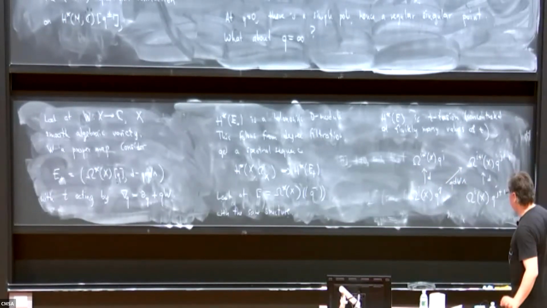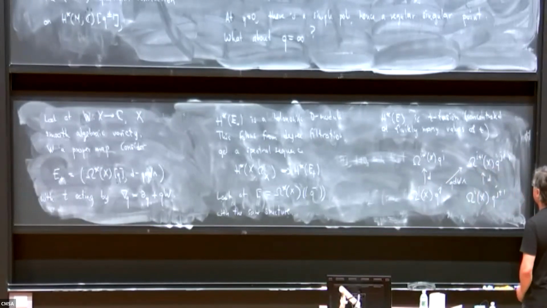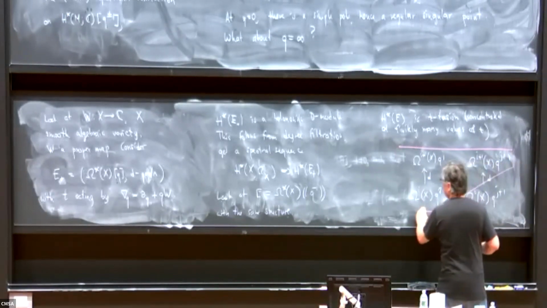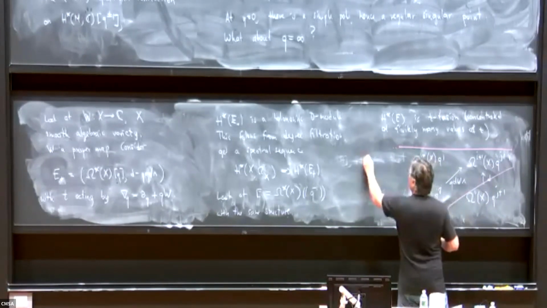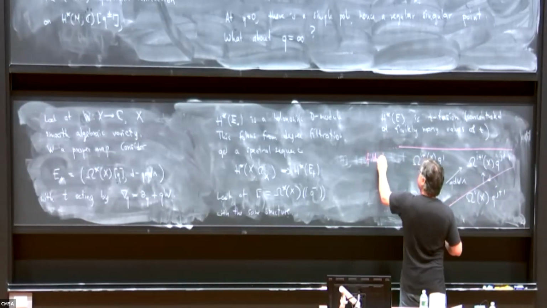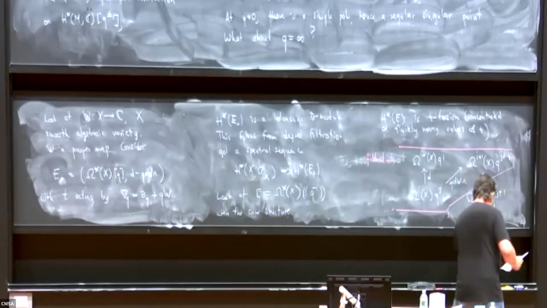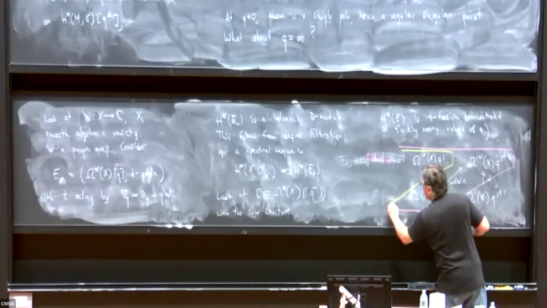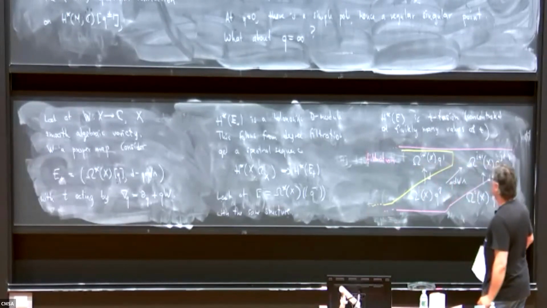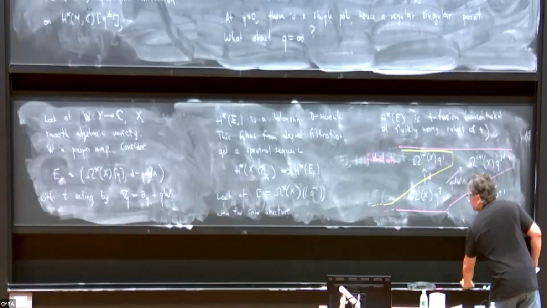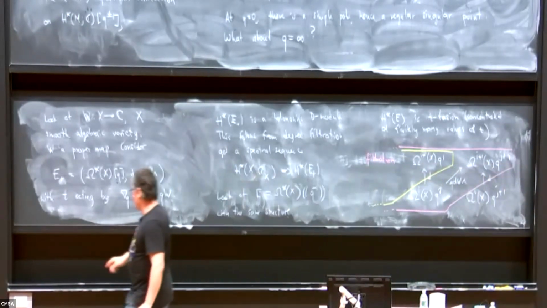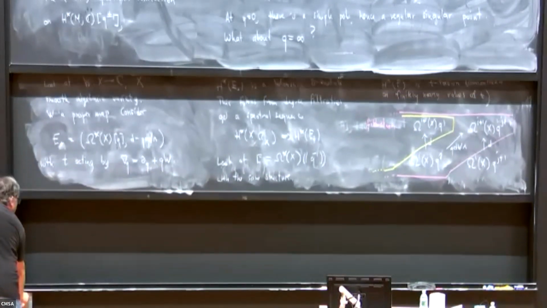So the consequence of this is that there is a decreasing filtration, not by degrees this time, but this would be one stage of the filtration. And the next lower stage would be this one here. So this is a complete decreasing filtration because of this infinite power series in Q inverse.